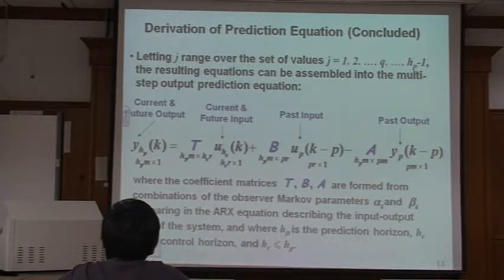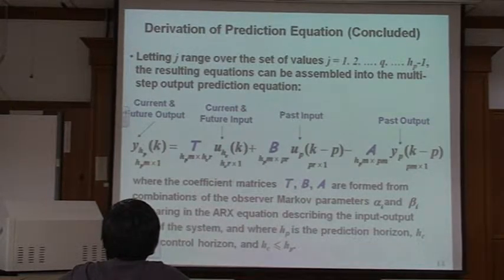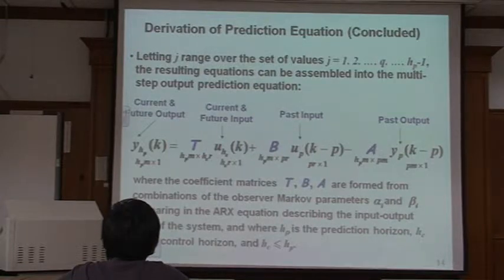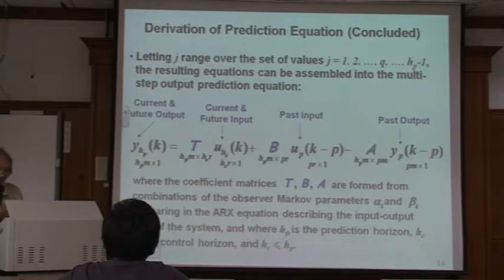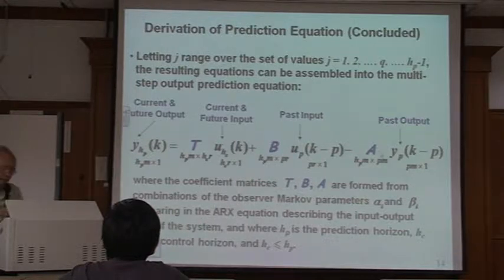So in theory or in practice, T, B, and A are really computed from the data. It's called observer Markov parameters alpha and beta, and alpha and beta are computed from the input and output data. Right? Okay.